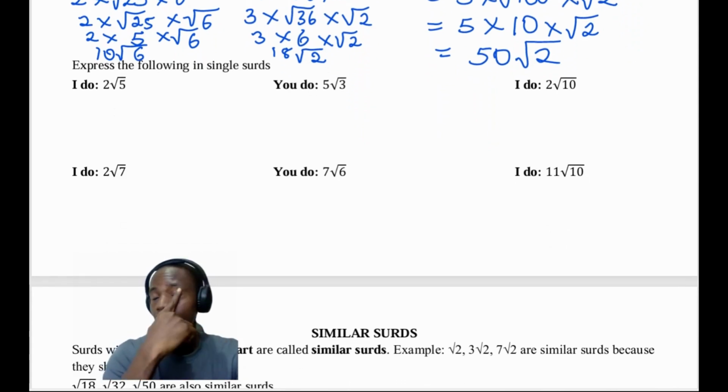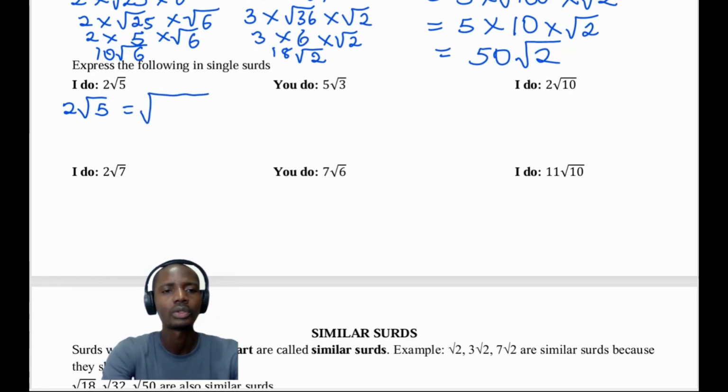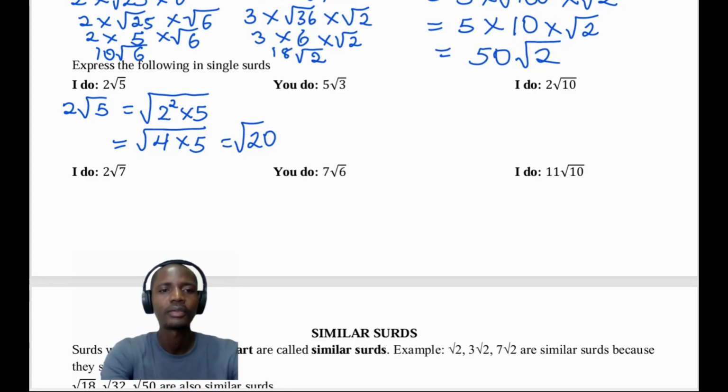For 2 root 5, the easiest way to go about this is simply to do this. 2 root 5 is equal to, have your root, 2 squared, that's 2 to the second power, times 5. That gives us root of 2 to the second power, which is 4, times 5. So I have 4 times 5, and that gives root 20. So I know that 2 root 5 in its single form is root 20.